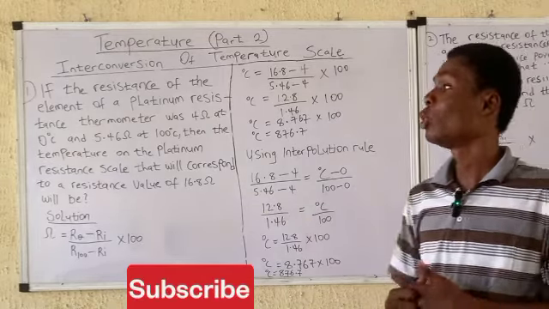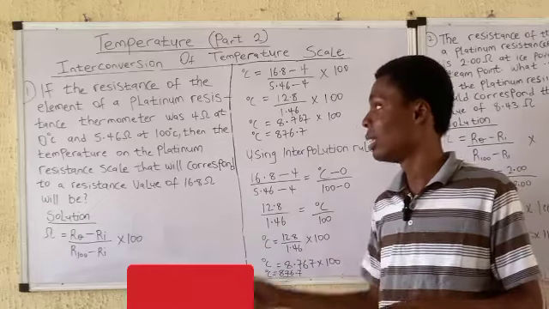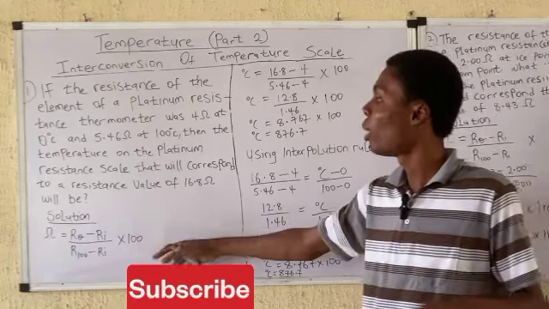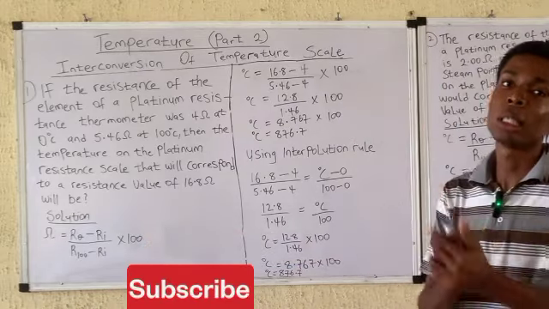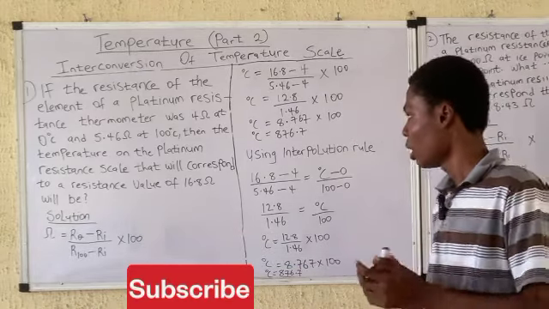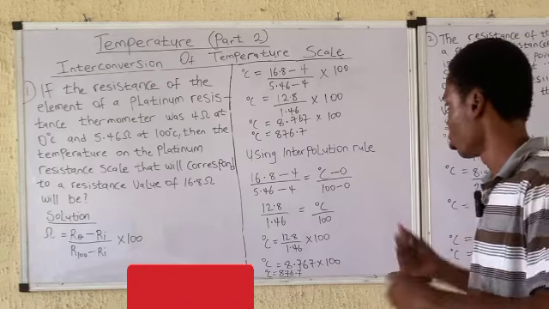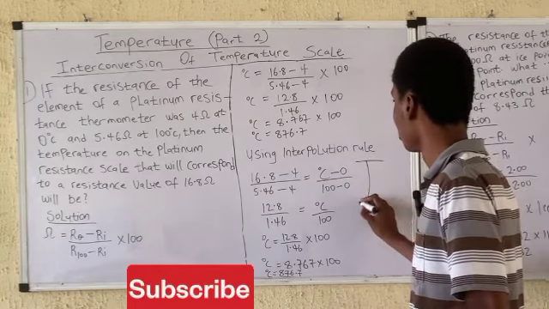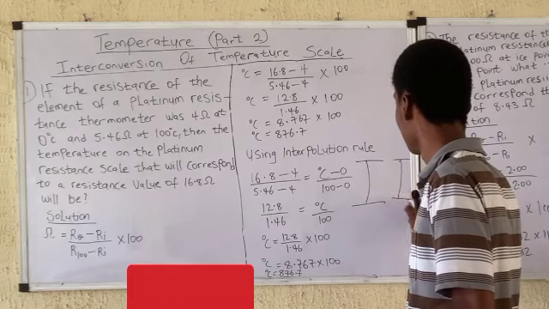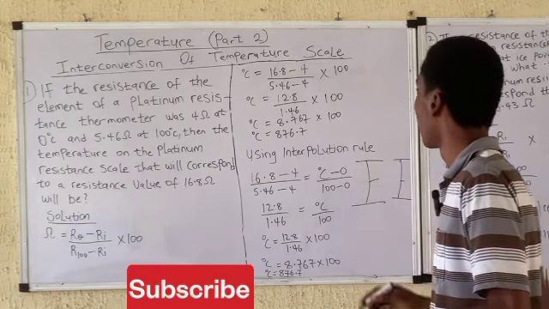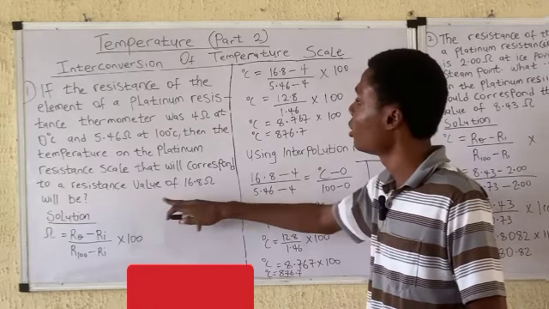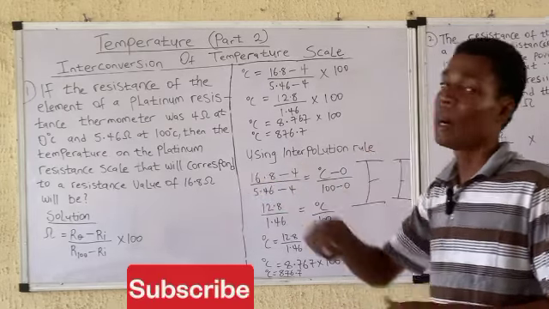Now I said we can use two methods of solving resistance. Either we use the formula or we use the interpolation rule. Now we have used the formula to solve this question. Now let's use the interpolation rule. Now if you remember our interpolation rule, we are using resistance and degree Celsius.